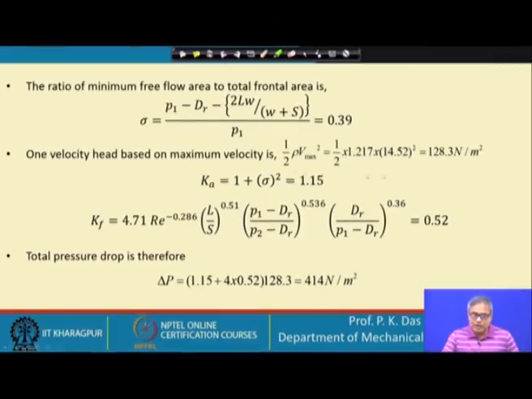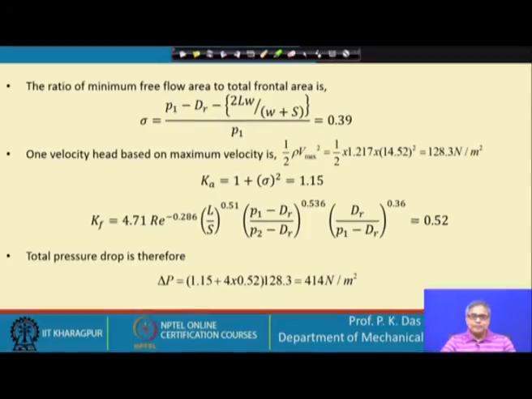K A, the acceleration coefficient, I have defined as 1 plus sigma square, and then I can get it as 1.15. Obviously, you can understand as it is 1 plus something which is a positive quantity, it will be more than 1, and it depends on sigma.